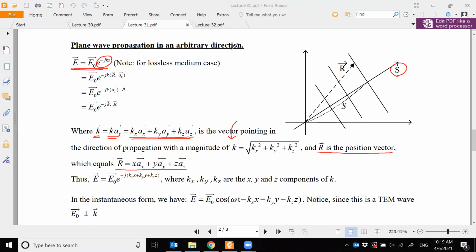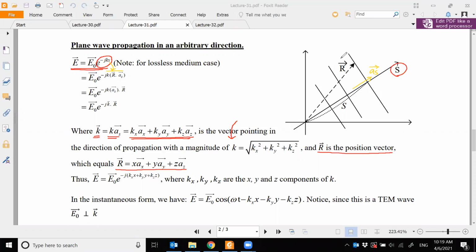First, let us see what s is. S is this direction. If I assume that my unit vector along this arbitrary direction s is a s, then I am finding this s as the projection of my position vector along the direction s.